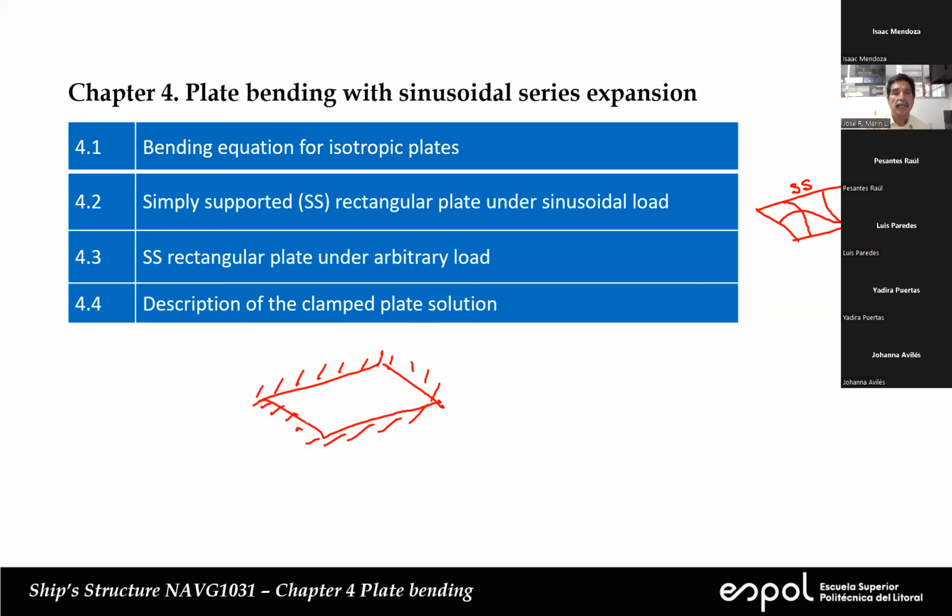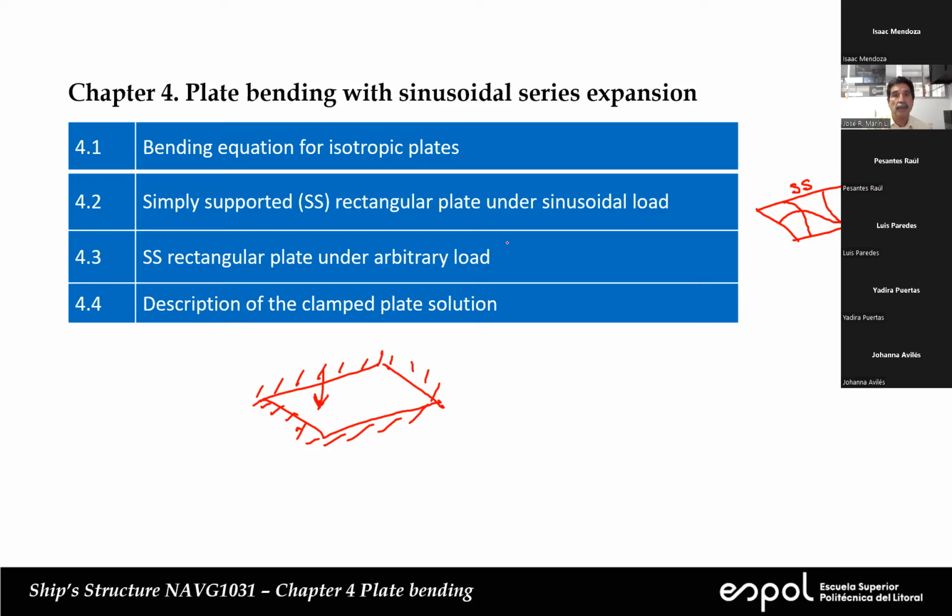In Timoshenko's book, they present the solution in general, and the case that we want to analyze is the case where we have a concentrated force in the plate, and we can apply Timoshenko's solution for this case. So 4.2 and 4.3 are analysis; 4.4 is just a description of the solution.